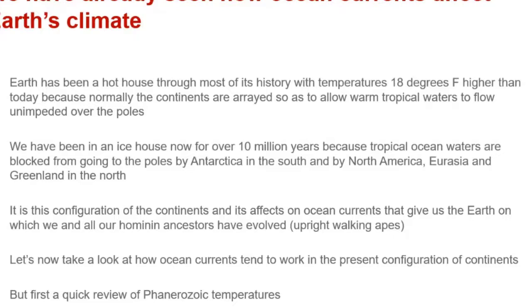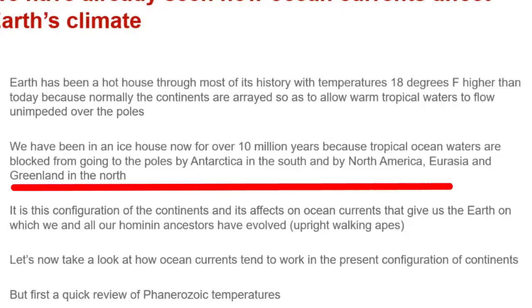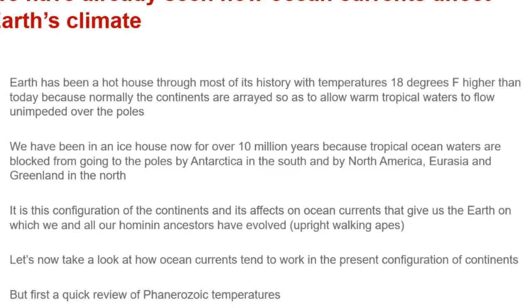These currents would bring warm water if they could, but they can't get there because of North America, Eurasia, Greenland in the north, and because of the continent of Antarctica in the south. Warm equatorial waters can't get near the pole. And so the poles can't get that moderating effect.